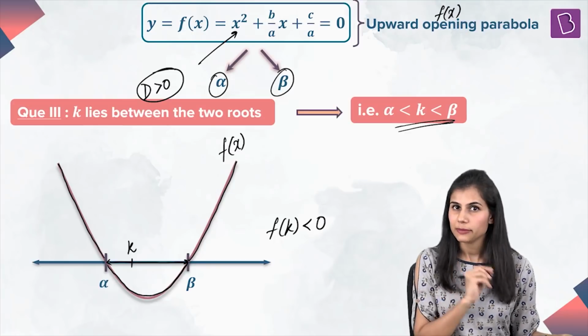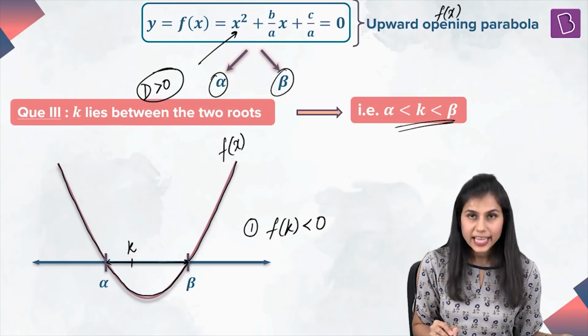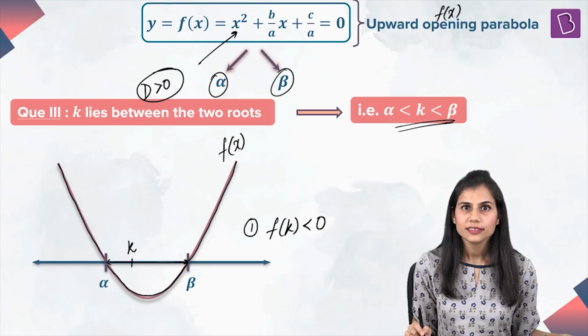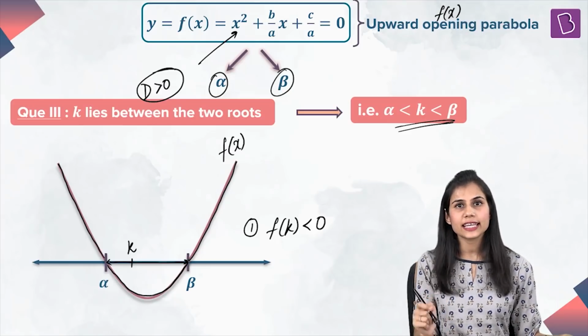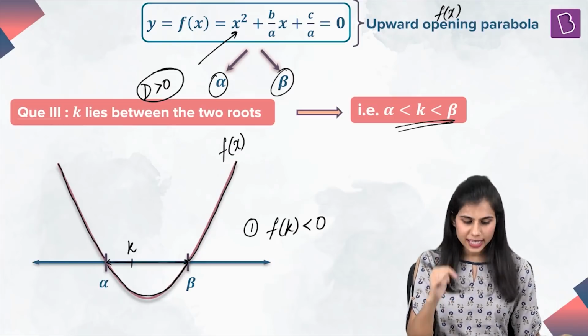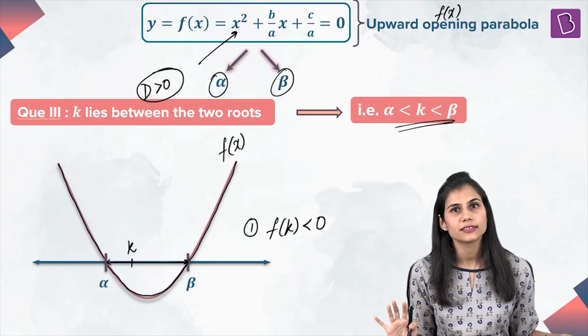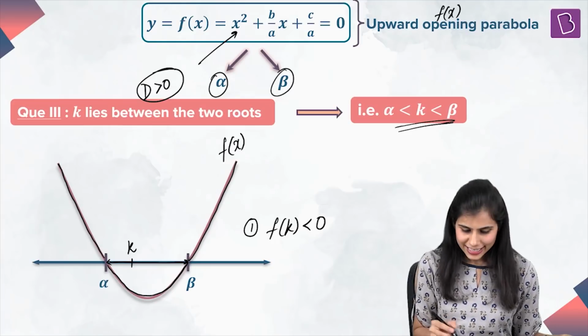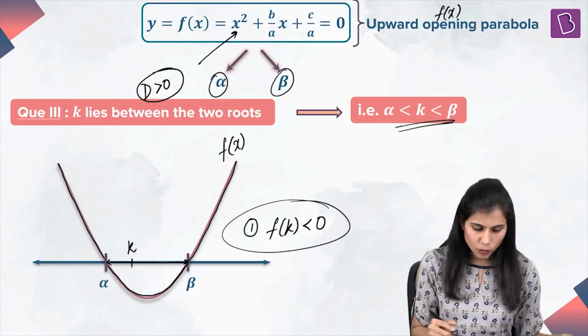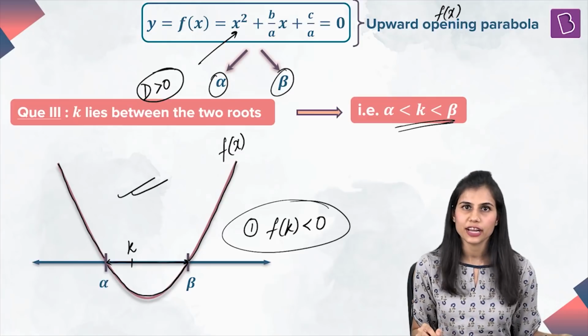Right? Now tell me, if I say f of k is negative, does this mean k lies between alpha and beta? Yes, of course. If k is a real number such that f of k is negative, that means only one thing, that k lies between alpha and beta. So that's it. This is the only mathematical condition required to reach this diagram.